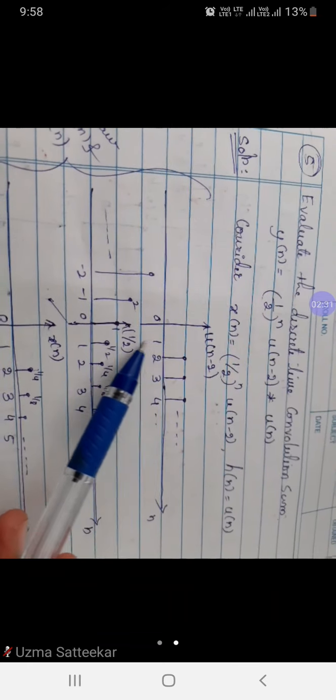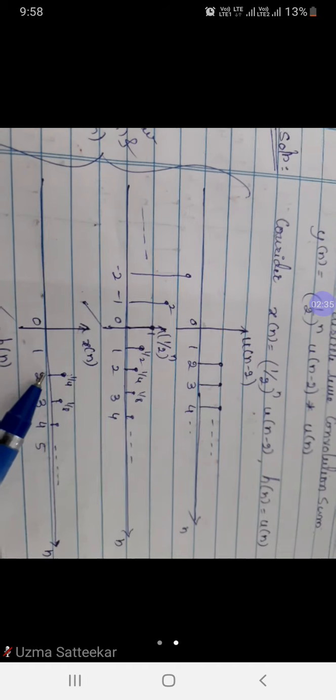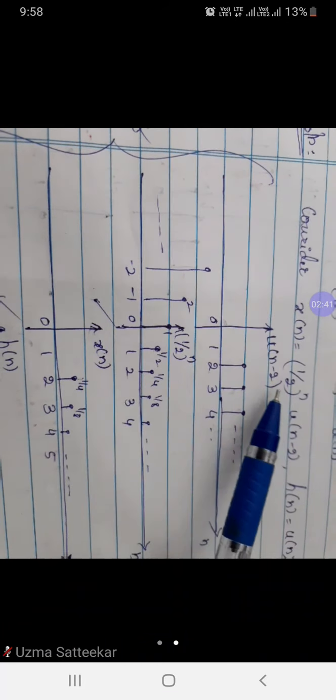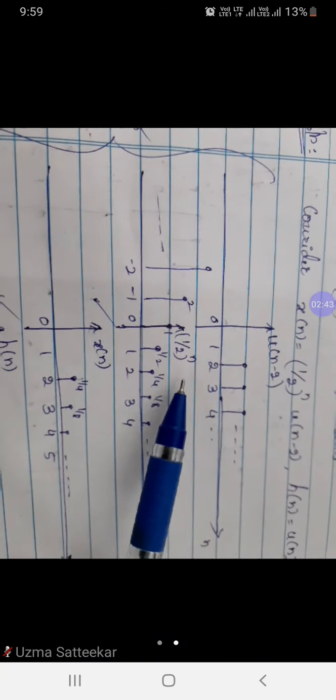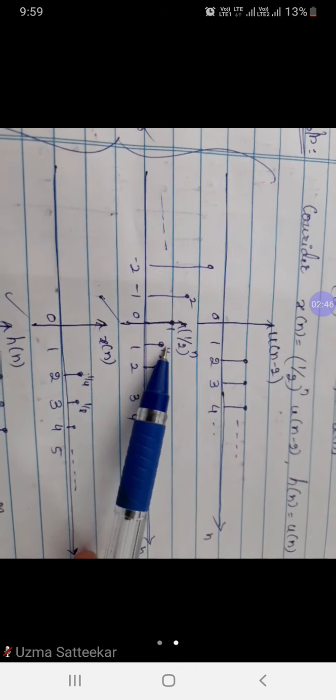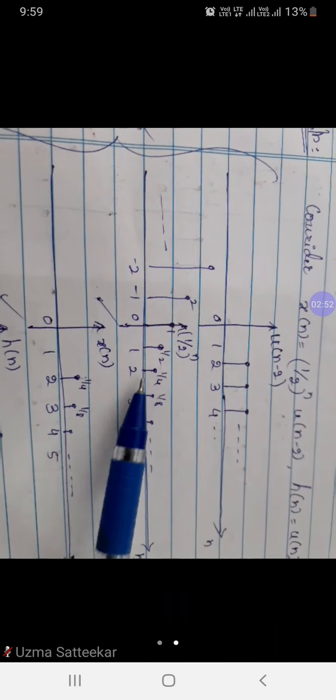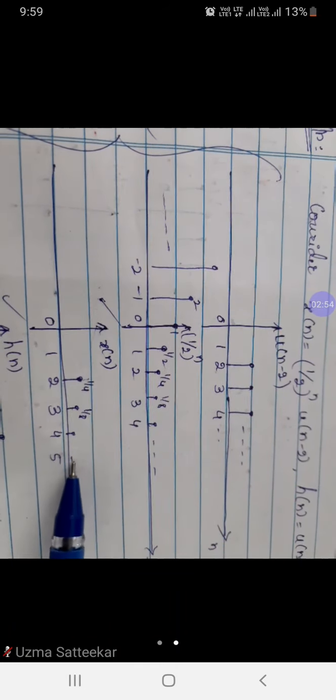However, as here you are not having any amplitude, you will not get any values in x of n till 2. At 2 and onwards, all the amplitudes of the first signal are 1, and in the second signal the amplitudes are exponentially decreasing. So if you multiply 1 with that exponential curve, you will get the same exponential curve starting from 2.